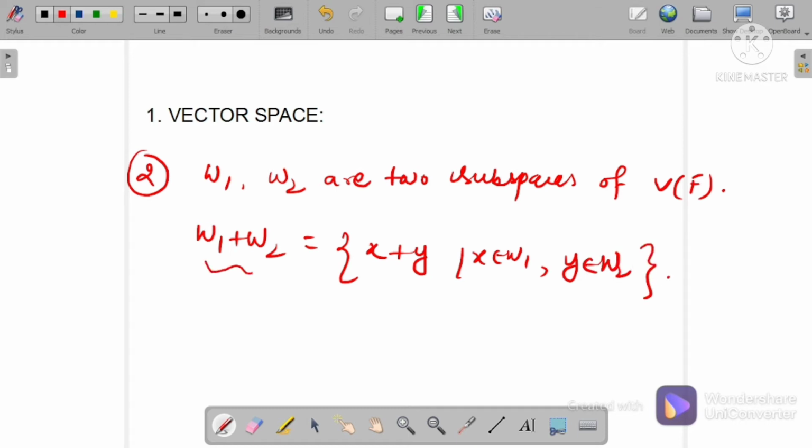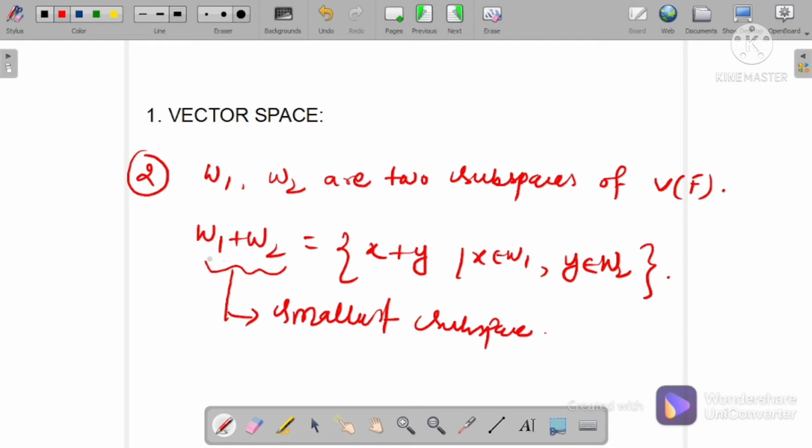See, this subspace W1 plus W2 is the smallest subspace of vector space V which contains W1 and W2.